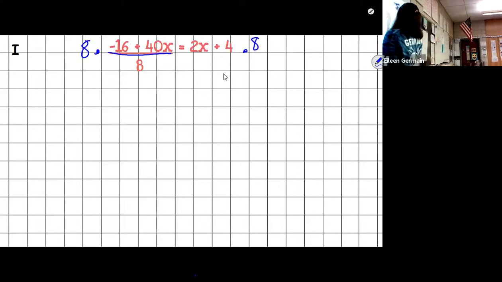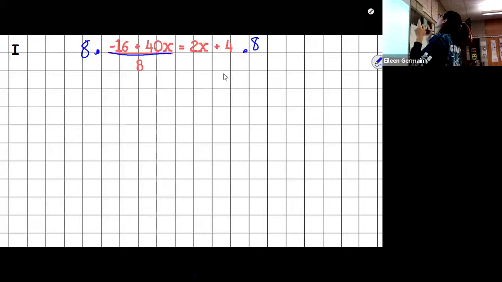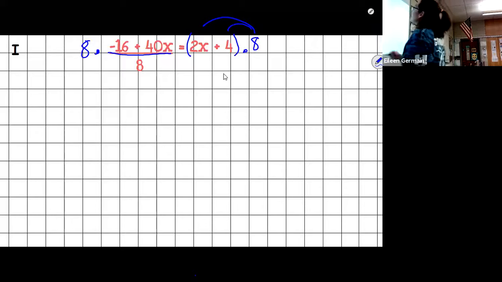And when I multiply my right side by 8, I have to put the stuff that's already there in what? I have to put parentheses around it because I need to multiply each piece by the 8. So what would I be left with on the left side, John?